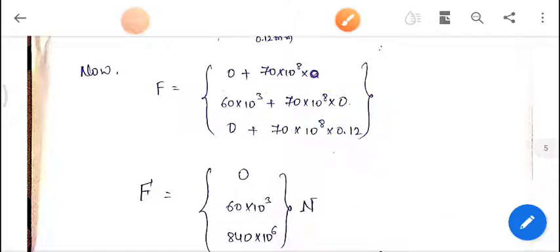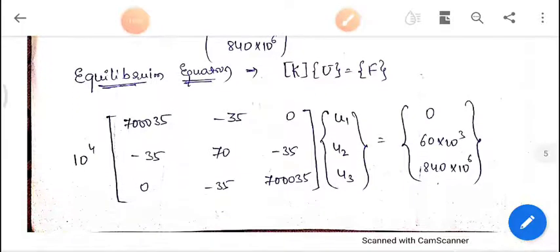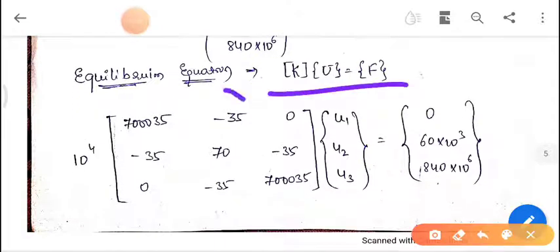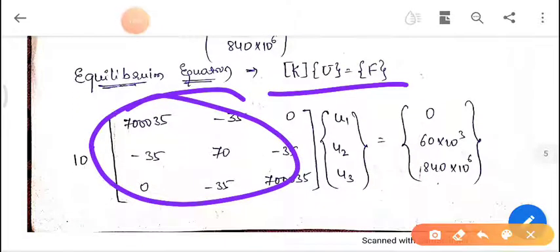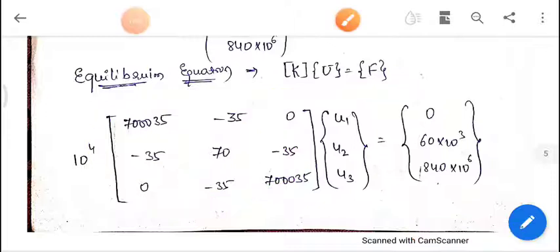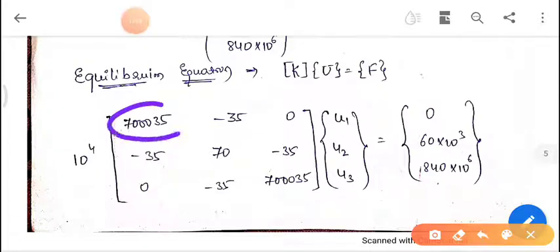Once you have found the global load vector, the next step is to form the equilibrium equation. Again we need to substitute the modified global stiffness matrix. These are nothing but modified elements, since we are using the penalty approach.